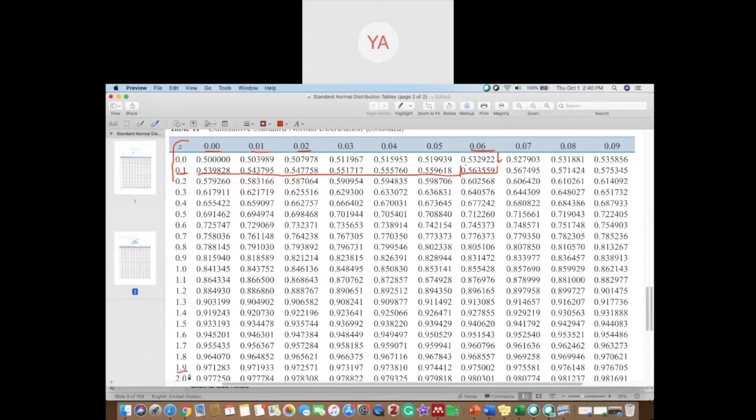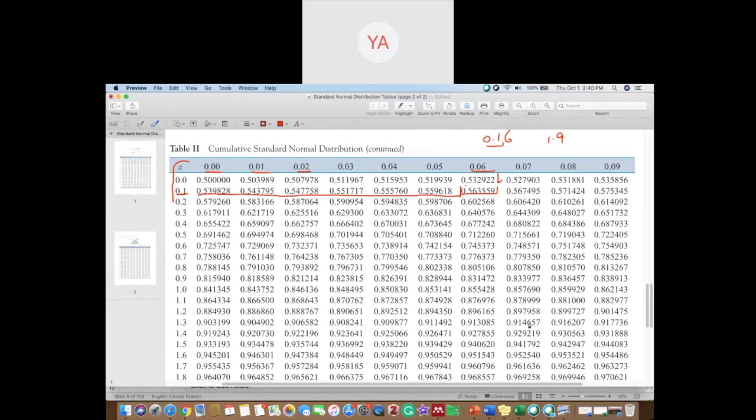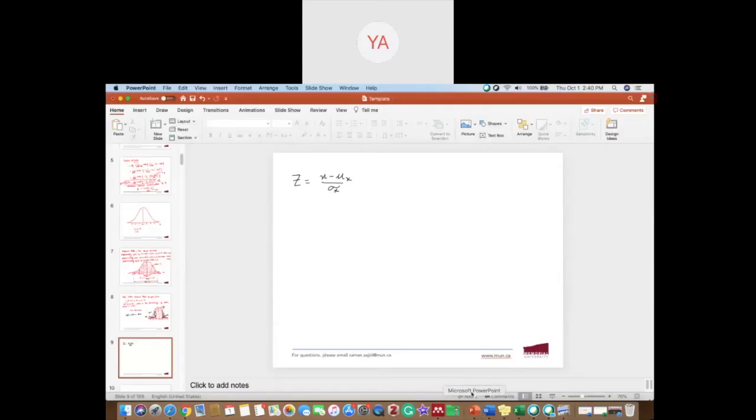Now the next will be 0, 1.90. So this is the probability that we are interested in. Now we will come back to this table, and we'll work on more.